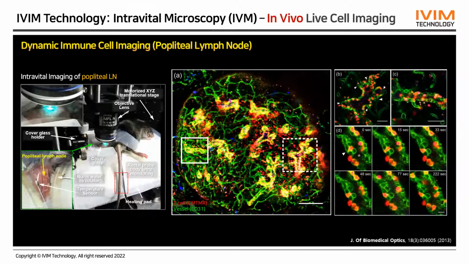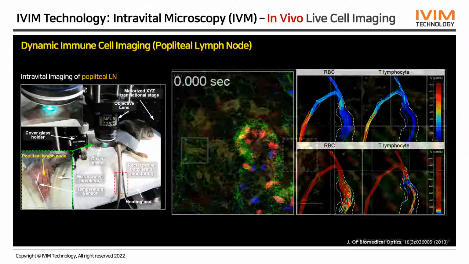In magnified images, we can monitor the serial extravasation dynamics of the T cells in HEV. T cells firmly adhere to the endothelial cells and start to transmigrate across the endothelial cells from the lumen of the HEV.